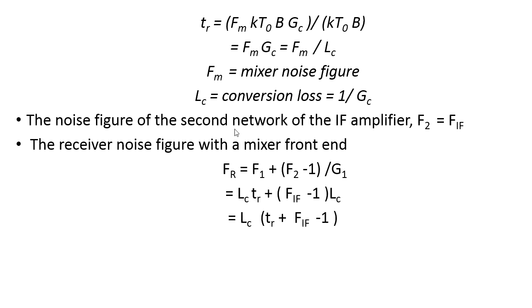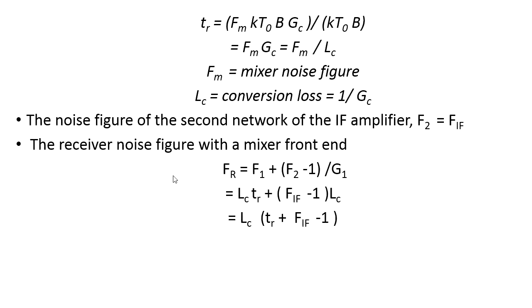And similarly, if I connect more than one stage of the mixer, we call the next higher stage of the mixer the second network of the IF amplifier, represented as F2, that is the intermediate frequency FIF, the output of the second stage of the mixer here.